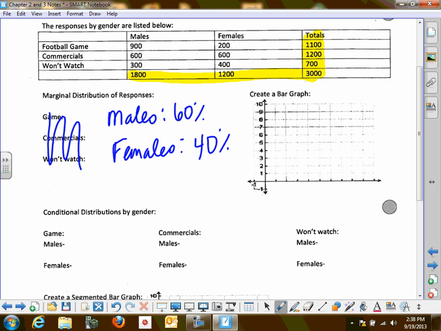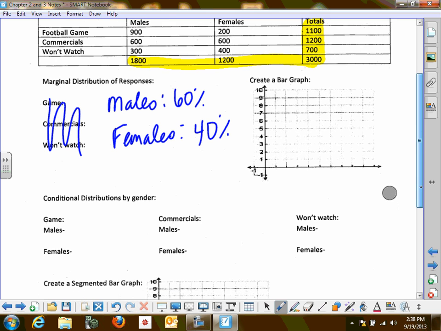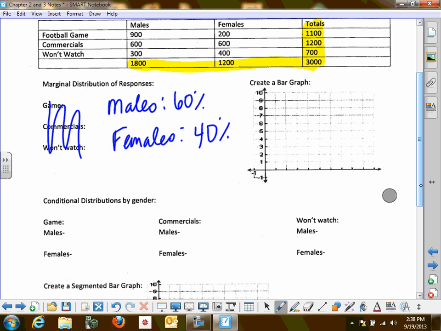All right, so let's do our conditional by gender. Here we go. How many are watching the game for the game? Out of the 1,100 that are watching for the game, what is the male ratio for that? It's 900 out of 1,100, which is 82%.